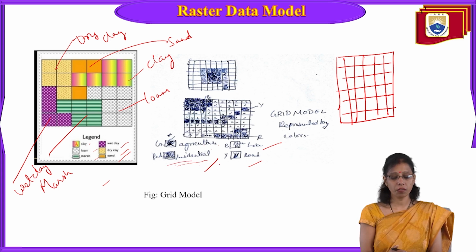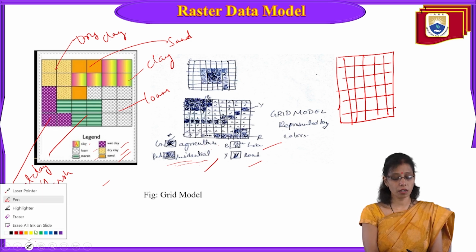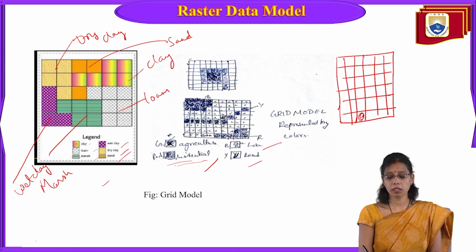So if I want to show residential, red color will be shown here. So I will cover this grid, and it is residential. Okay, now red is residential here.